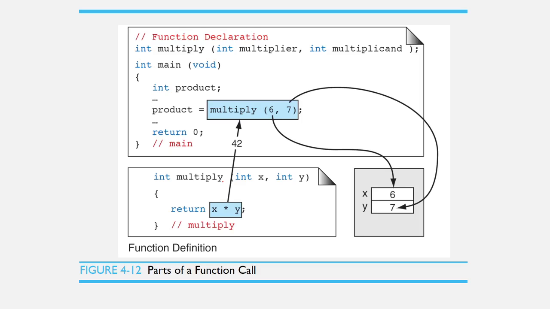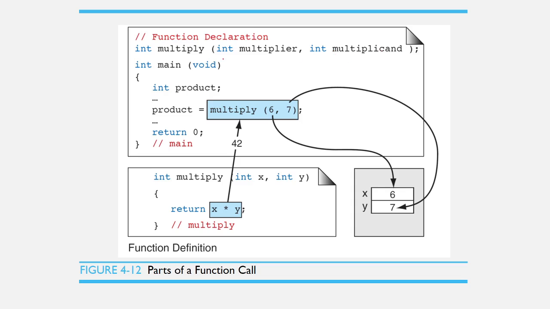So, for example, we have here a function declaration int multiply with parameters int multiplier, comma, int multiplicand. So this function will return a value that is of type integer and has formal parameters of integer and integer.